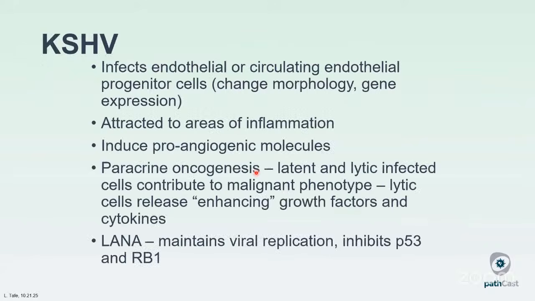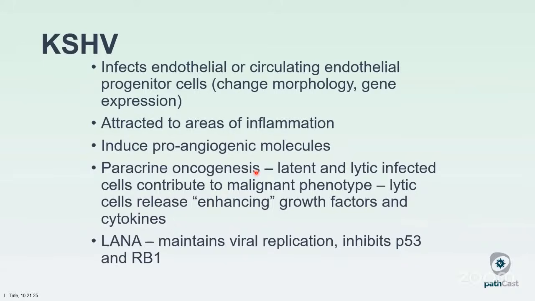So it primarily infects endothelial cells, and it is attracted to areas of inflammation. It does have the capacity to induce pro-angiogenic molecules and has what's called paracrine oncogenesis. The LANA proteins are ones that we can test for.